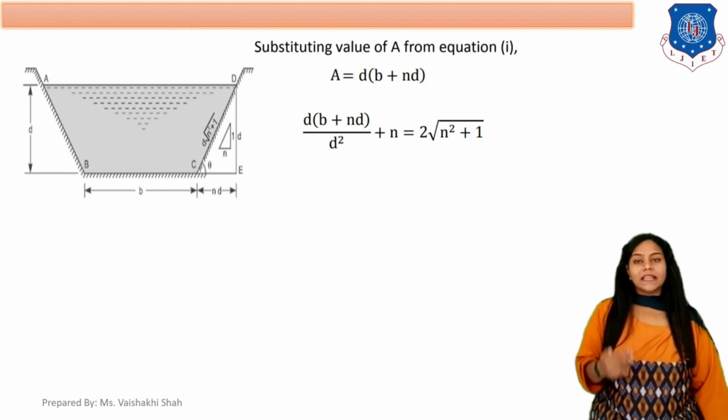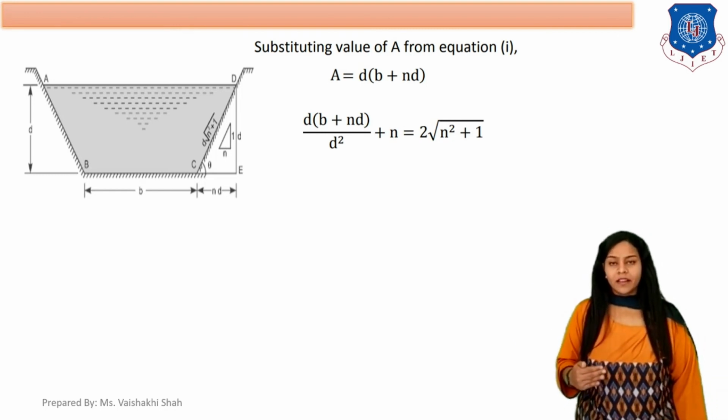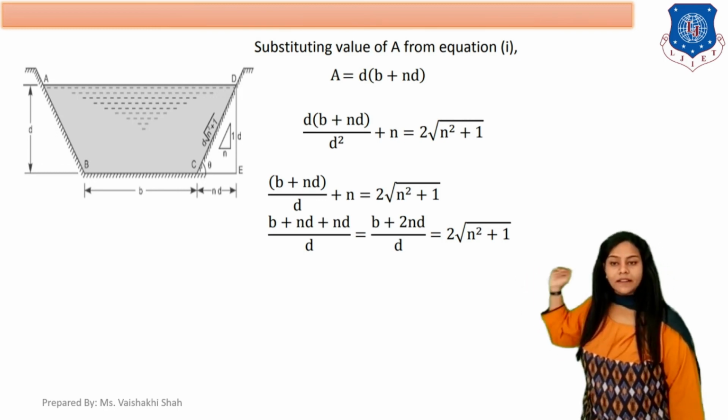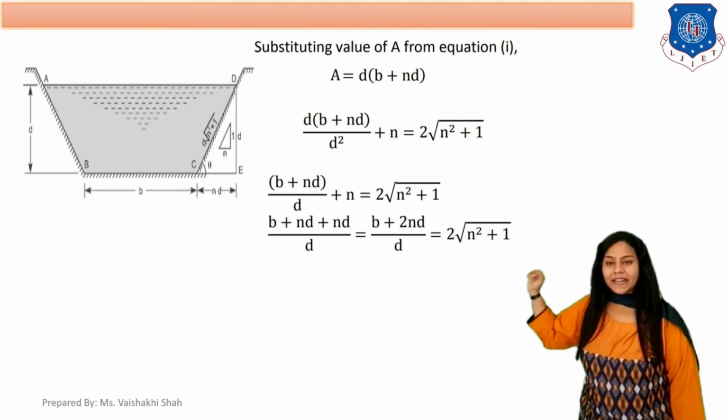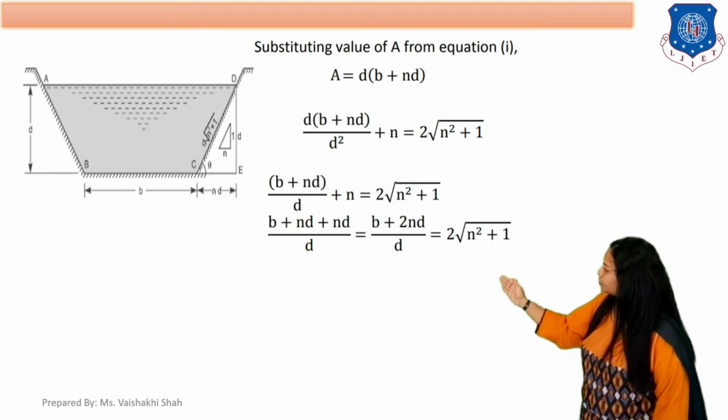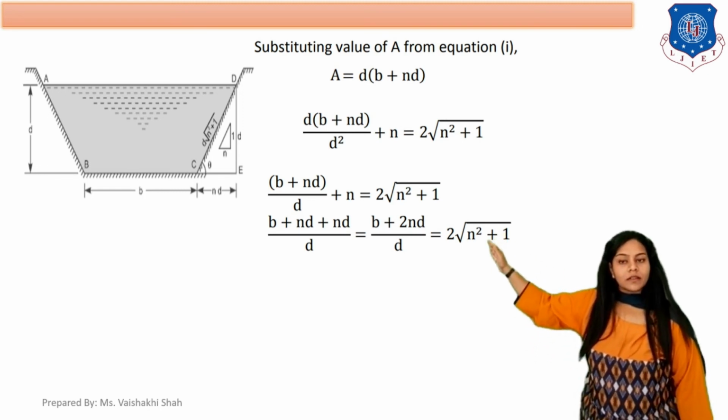By rearranging the terms you get B plus ND divided by D plus N equals to 2 under root N square plus 1.